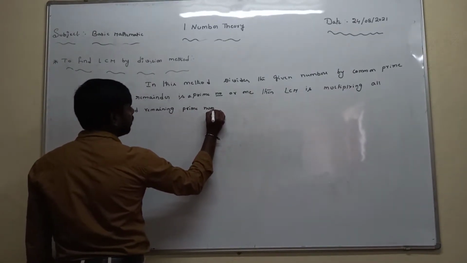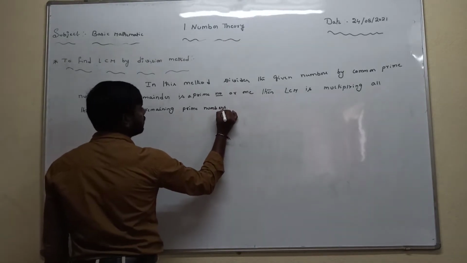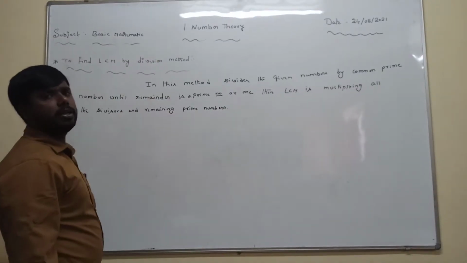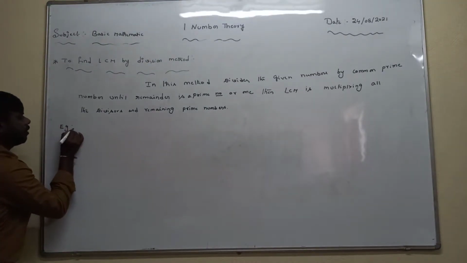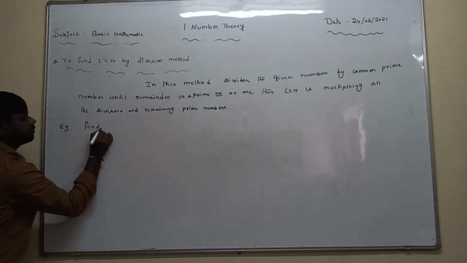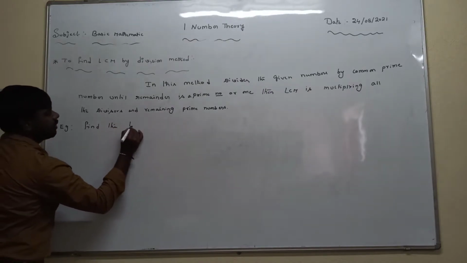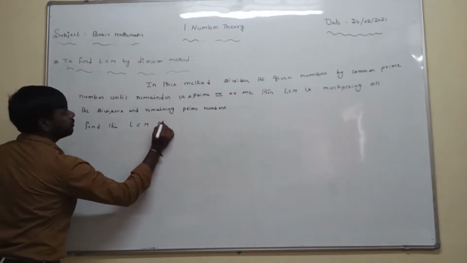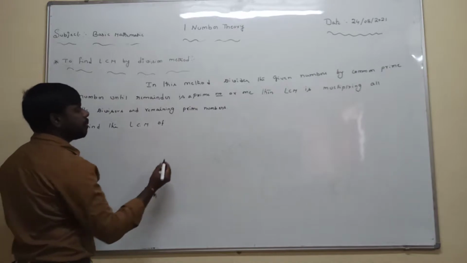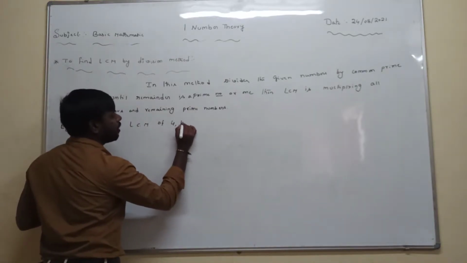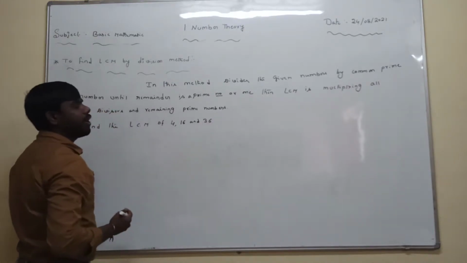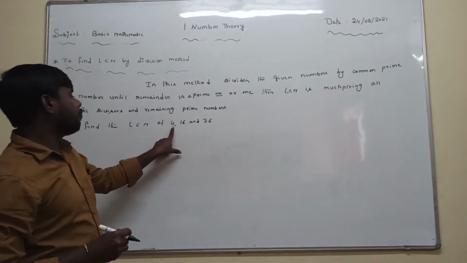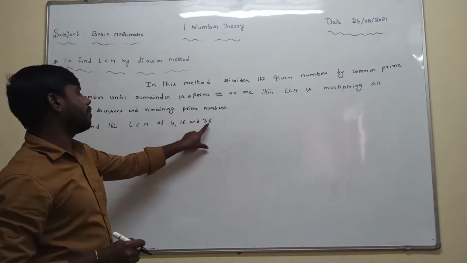This is called the division method. For example, find the LCM of 4, 16 and 36.